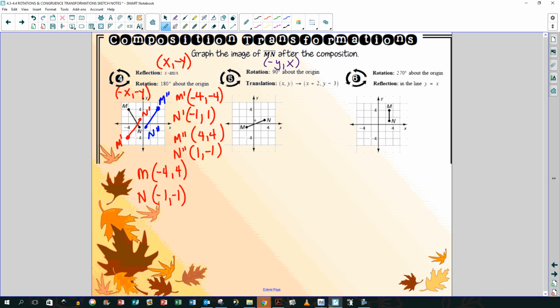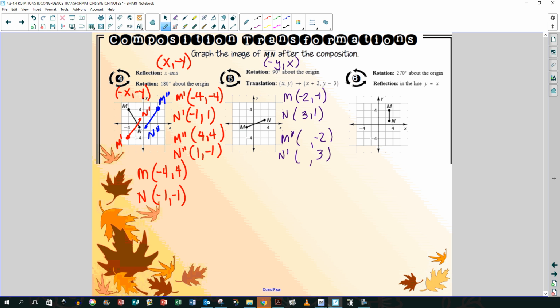So the first thing I'm going to do is let's find our points M and N. So M is at -2, -1. N is at 3, 1. And then M prime and N prime. So M prime, they switch places and change signs here.